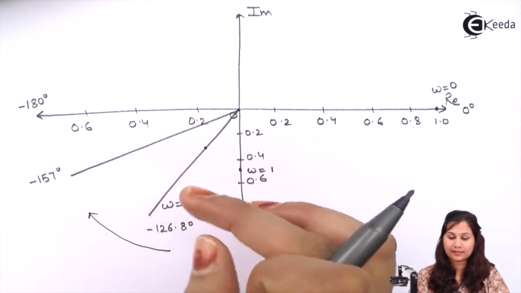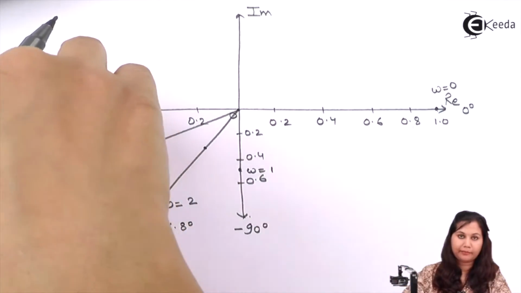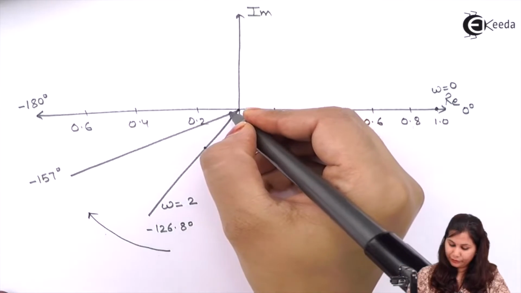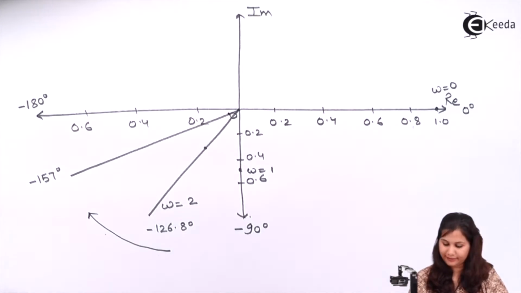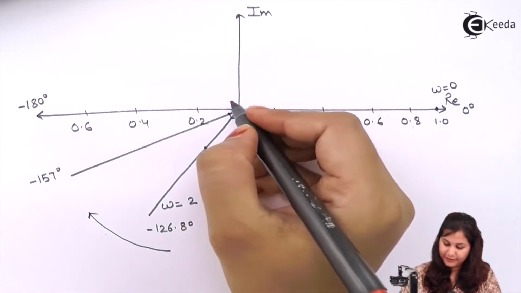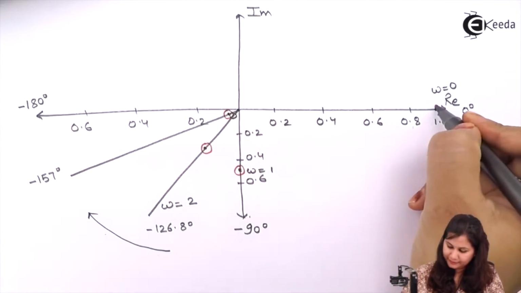Put the protector here, this is 90, then minus 180. So make these angles, and the magnitude is 0.038. So it will be somewhat like here. Now join these points.